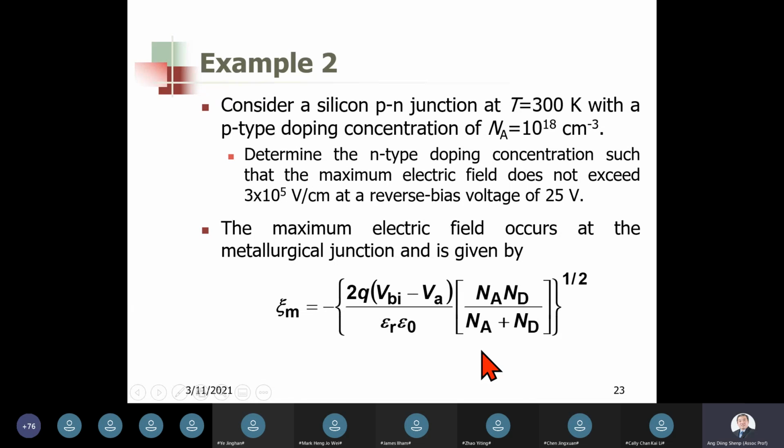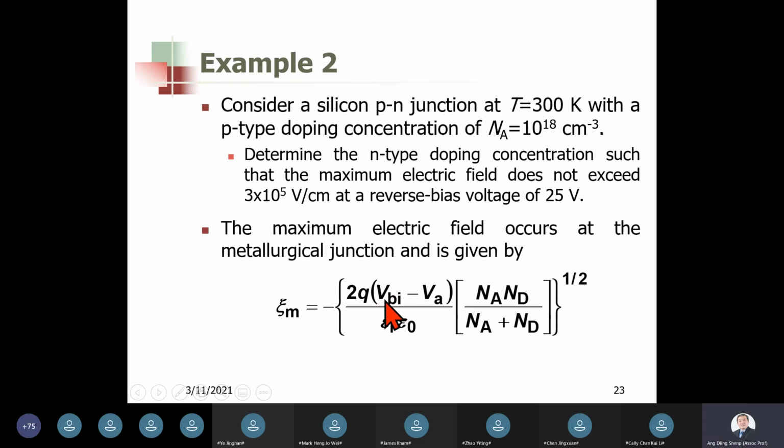So the problem that we have in this example is that NA is known, ND is unknown, and VA is minus 25 volts because it is reverse bias. And we want to ensure that the maximum electric field is less than this value. Now, if you look at the equation, there is another unknown besides ND, and this other unknown is VBI. If you recall, VBI is given as kT over q natural log of NAND over ni squared.